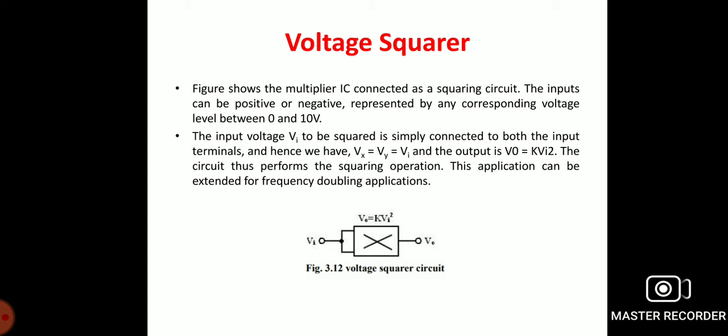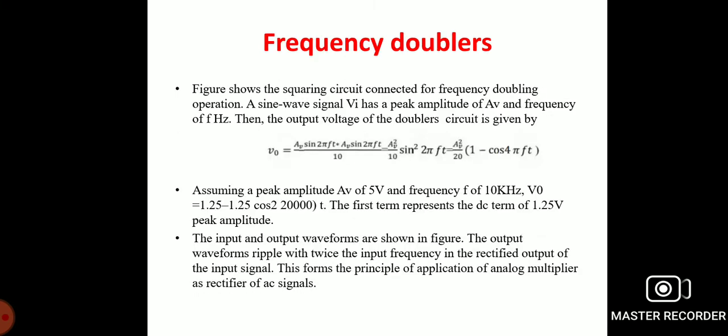Now we move on to the frequency doubler. The squaring circuit is connected for frequency doubling operation. A sinusoidal input voltage has a peak amplitude of V volt and frequency of f hertz. Then the output voltage of the doubler circuit is a sinusoid at twice the input frequency.